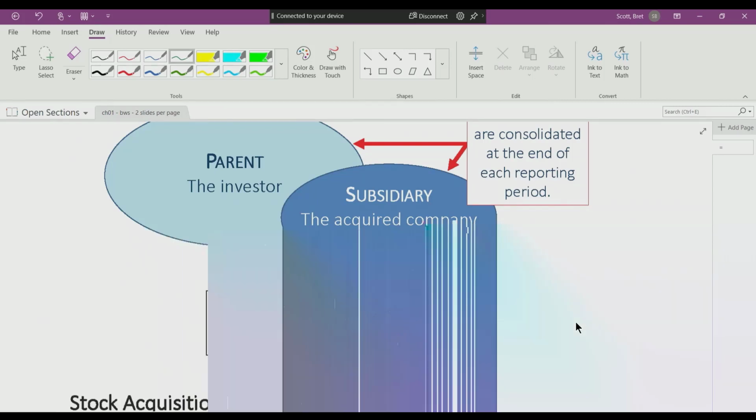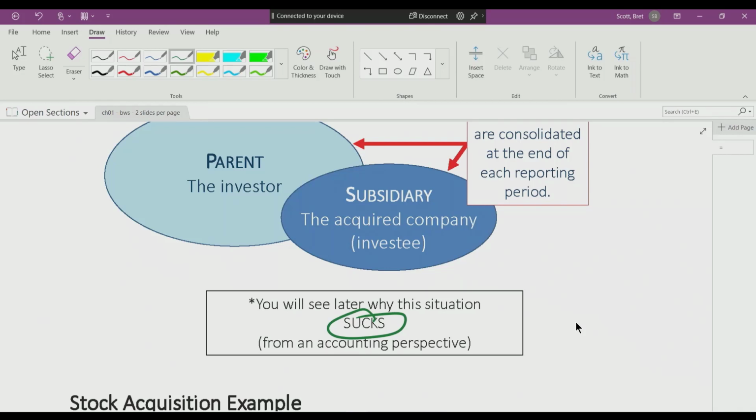It's just a headache. So when you see this whole consolidation or stock acquisition, a tear should be dripping down your face, like, oh gosh, the pain. But then keep in mind too, that's why we get paid the big bucks.